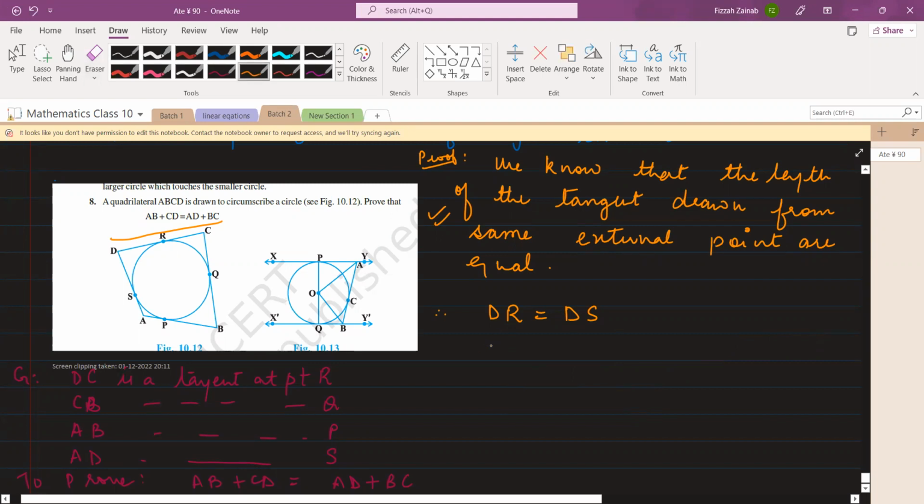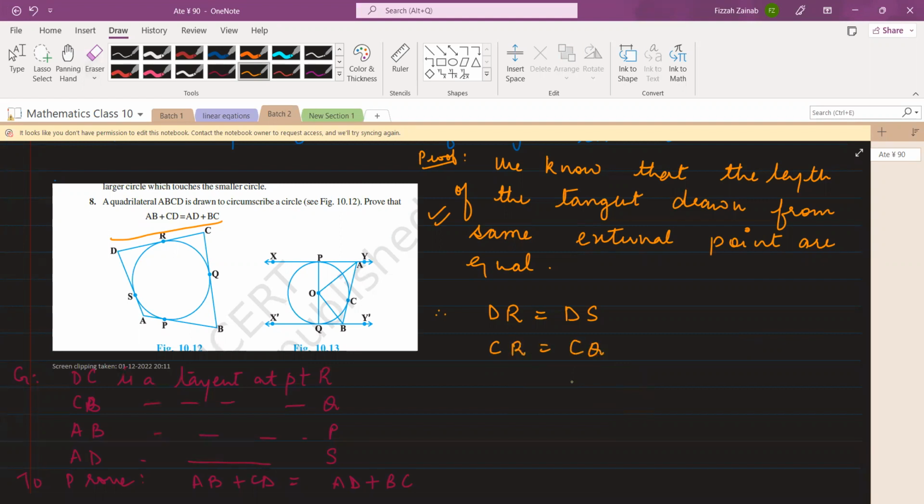Similarly, we will get CR is equal to CQ, right? And then we will get BP is equal to BQ, right? And we will get AP is equal to AS.